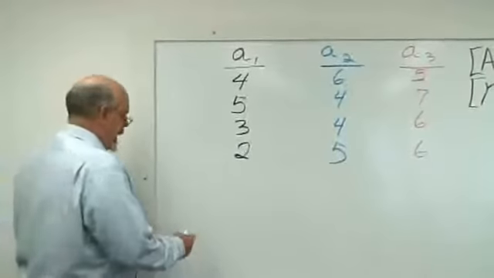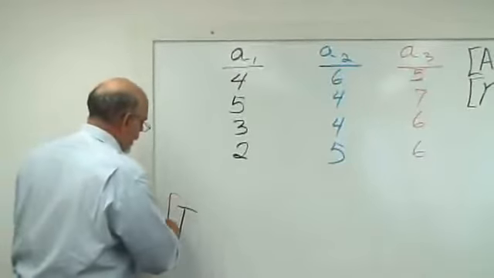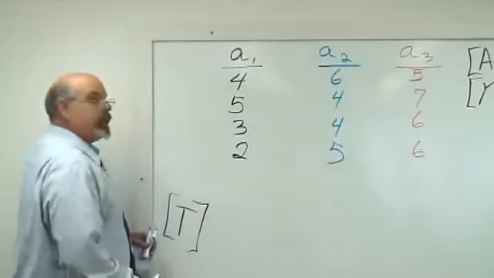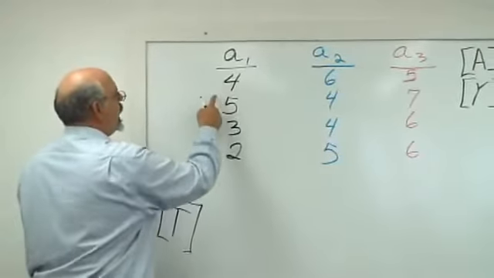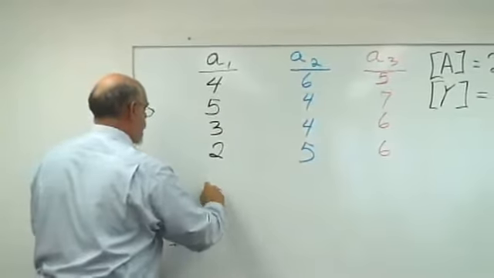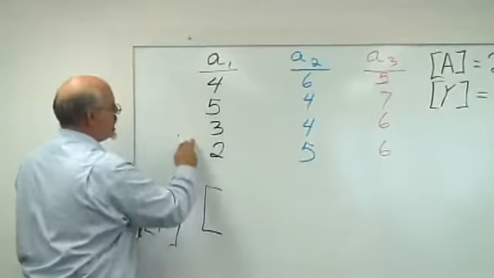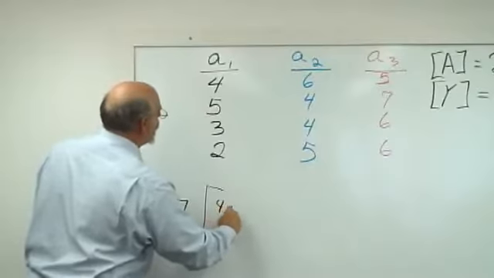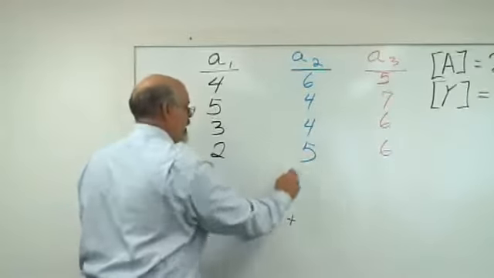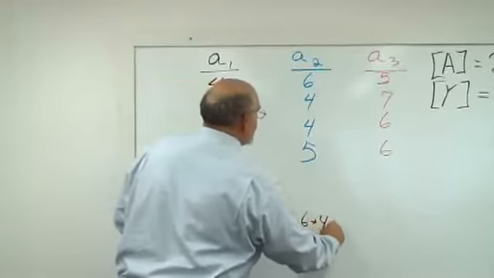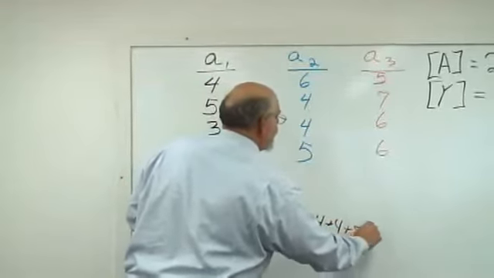Okay, now you need to find the T bracket term. To find the T bracket term, you add up each and every individual. 4 plus 5 plus 3 plus 2. All of these guys. 6 plus 4 plus 4 plus 5.